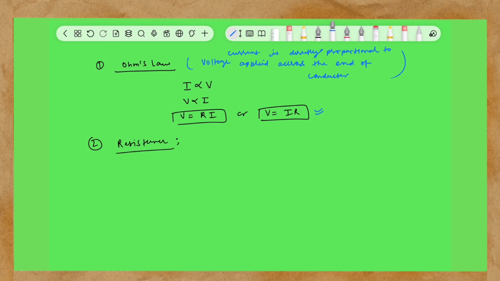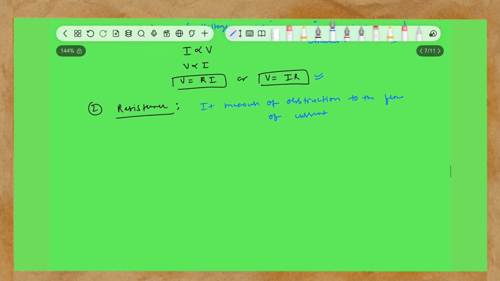Resistance is the measure of obstruction to the flow of current. So basically it is the property of a material or a conductor which resists, or obstructs, the flow of current.